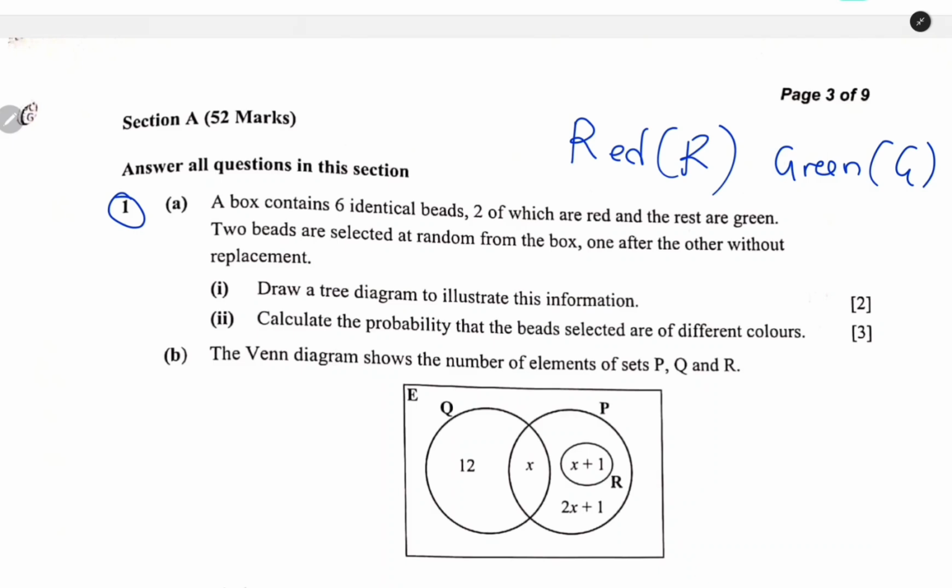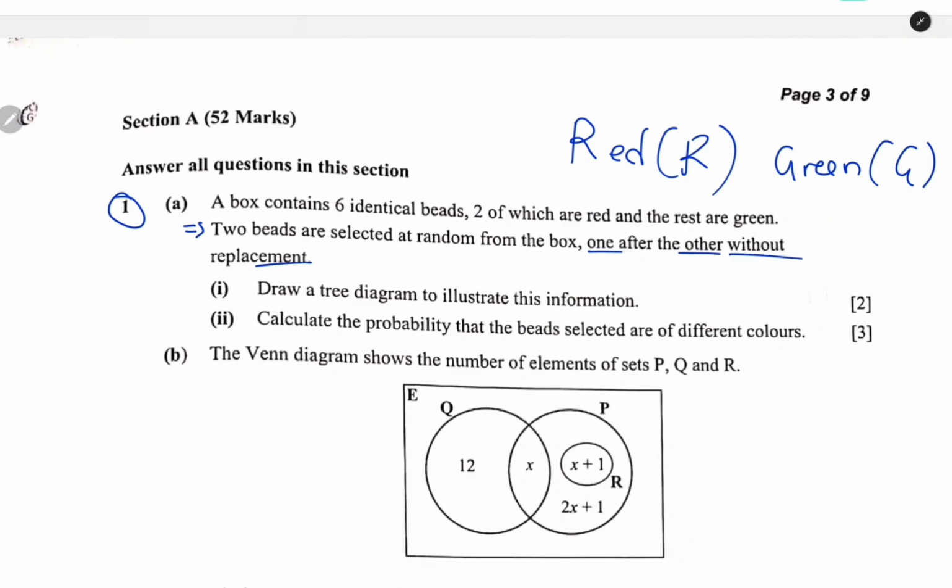These are the beads that were there in terms of colors. 2 beads are selected at random from the box, one after the other without replacement.